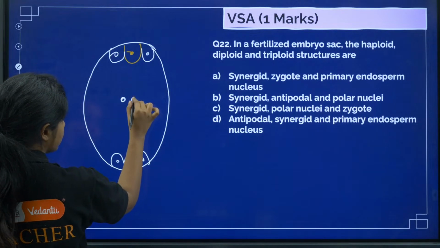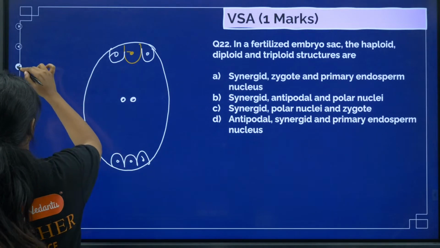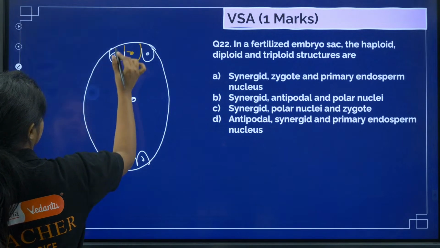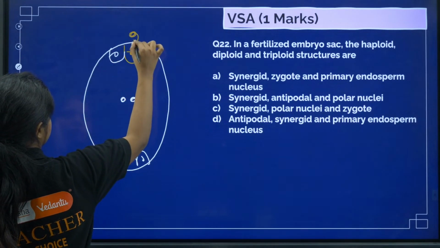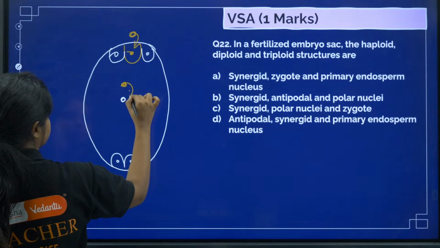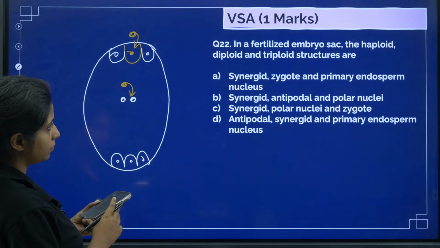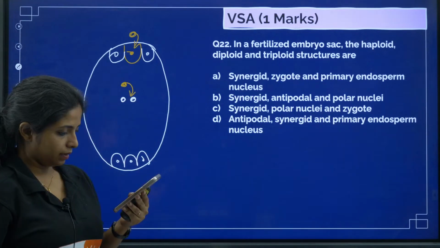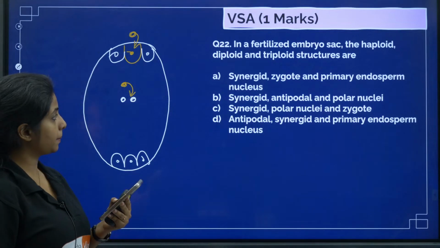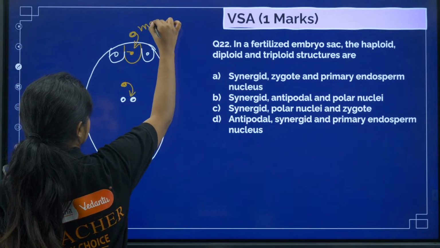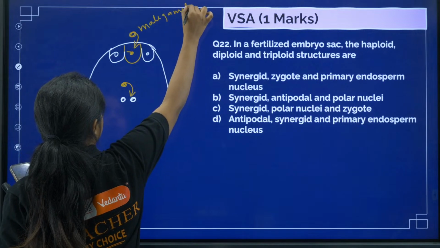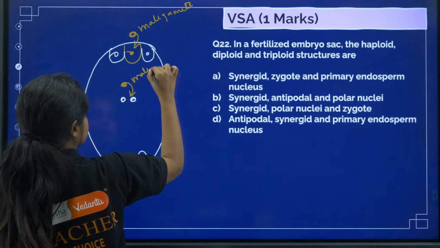You just have to keep guessing. This is the male gamete. This is the male gamete.